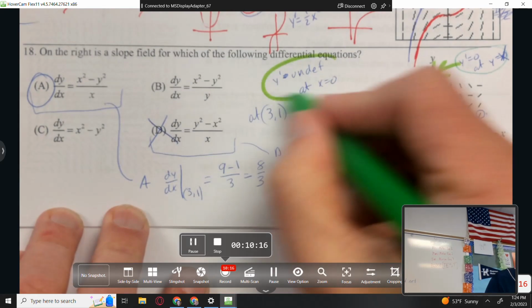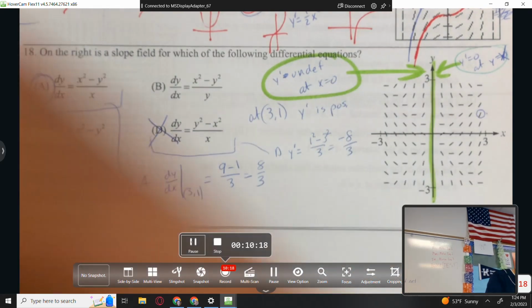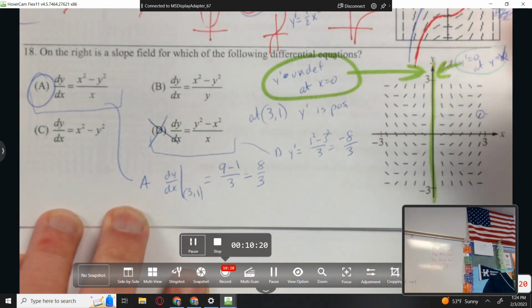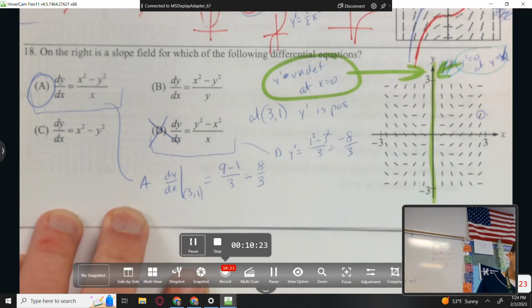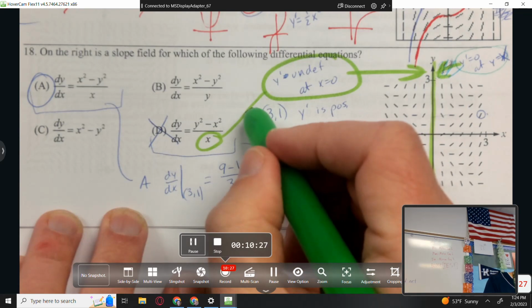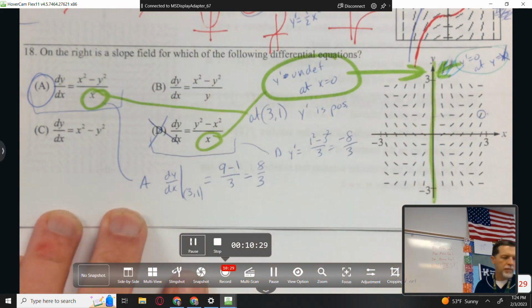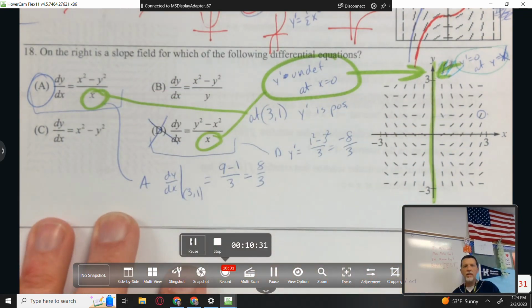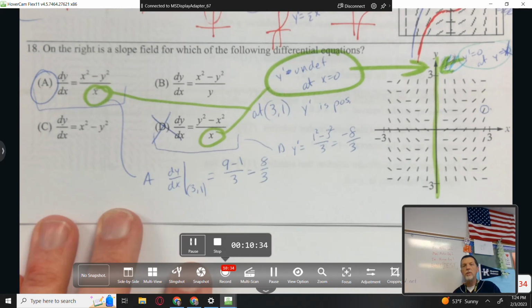So if there's an x in the bottom, that's what made me think it's either A or D, because 0 in the bottom would make it undefined.